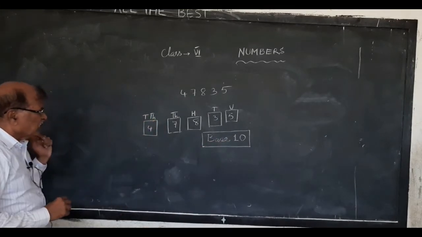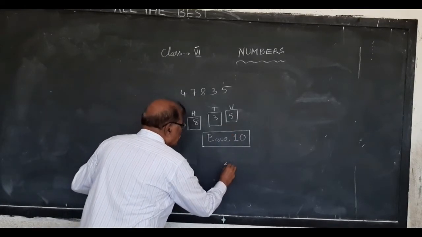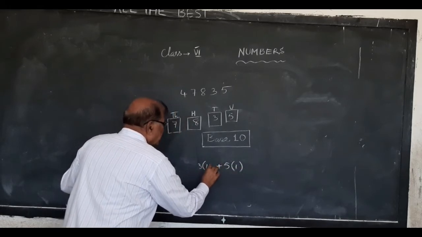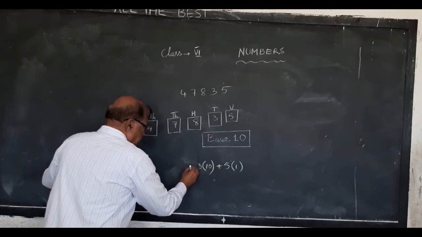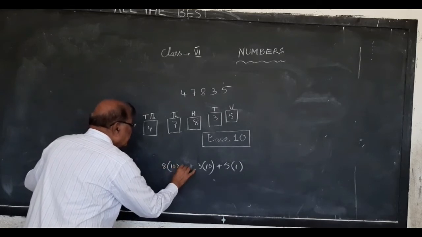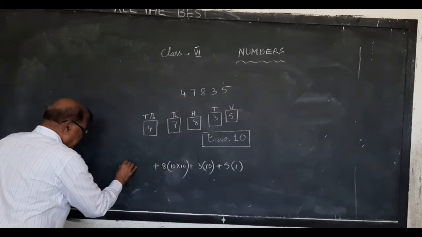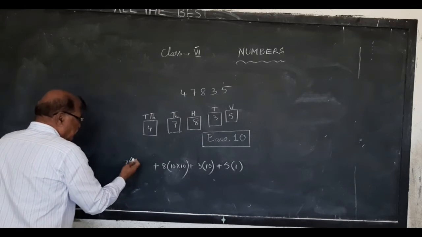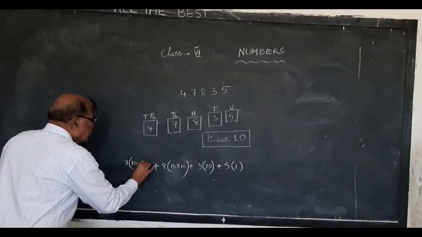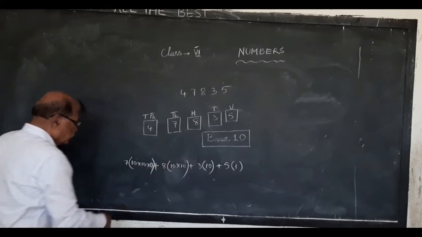What does it mean? Now see here. Writing this, 5 into 1 units place, plus 3 into 10 tens place, plus 8 into hundreds place, 10 into 10, plus 7 into 10 into 10 into 10, which is 7,000.